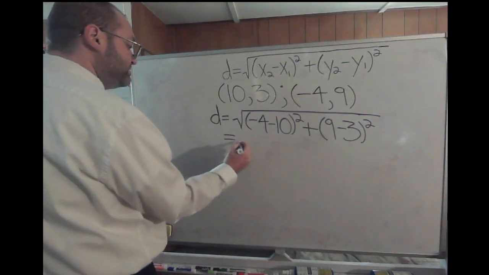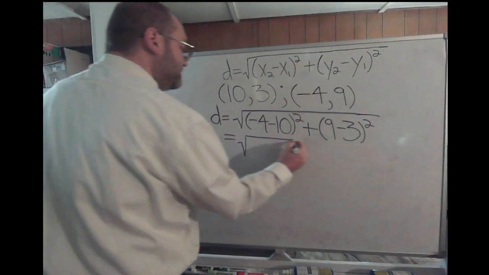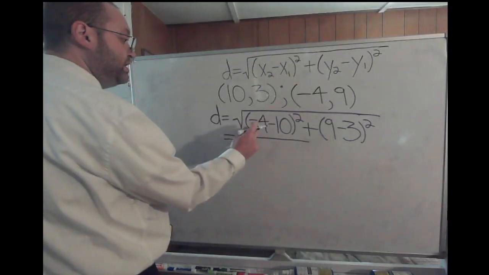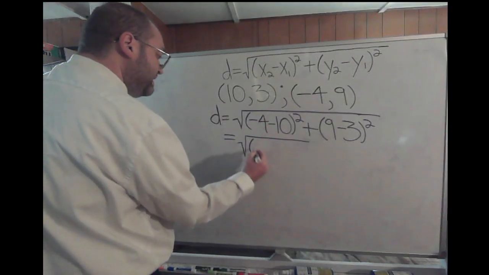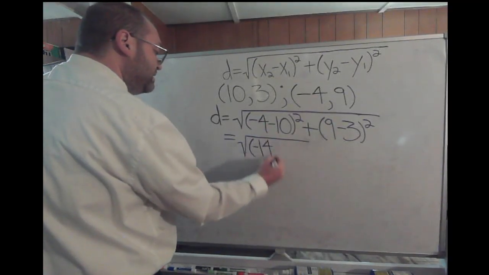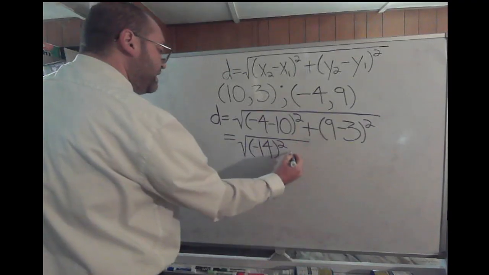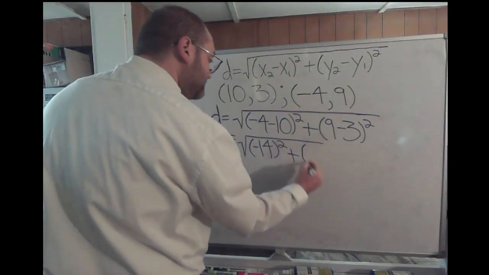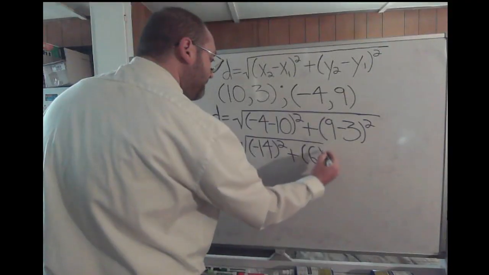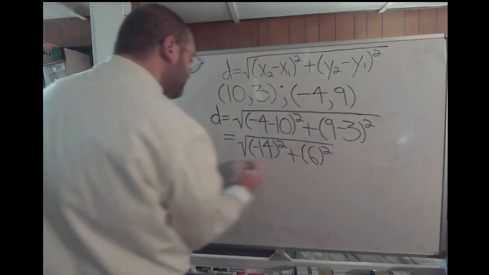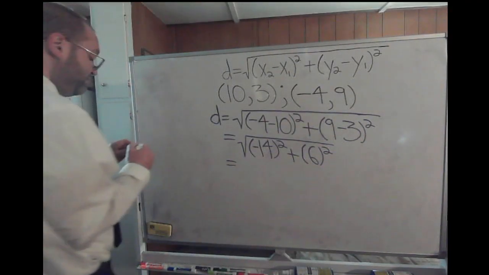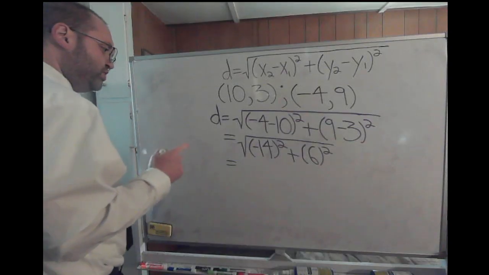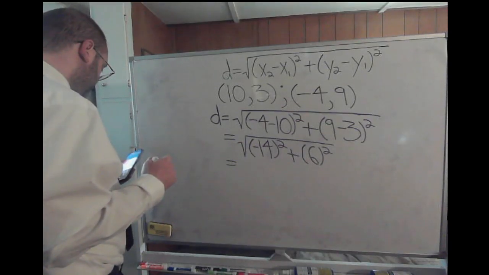So now we just deal with the parentheses inside of our square root. -4 minus 10, that's -14. That'll be raised to the second power, plus you got 9 minus 3, that's 6 to the second power, which -14 to the second power, I'm pretty sure that's 196.